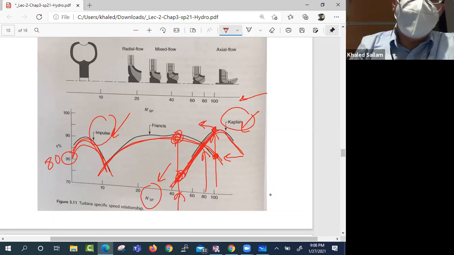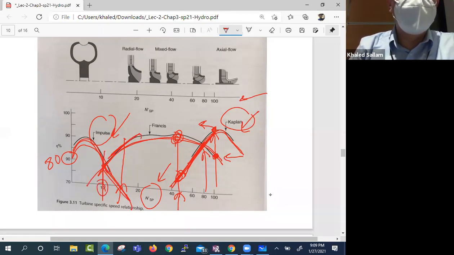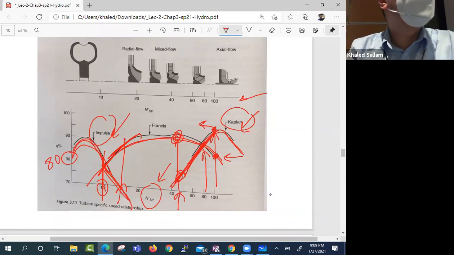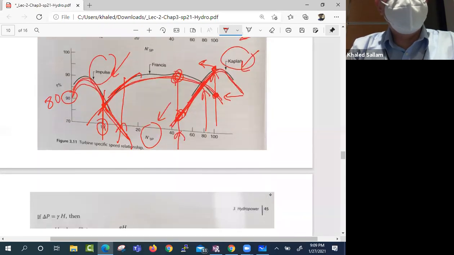If my specific speed ends up being like this, like 15 or something, which one should I use? An impulse or Francis? Yeah. And of course here, if it's 10, you can choose. Both are the same. Maybe you find the cheapest. Make sense?